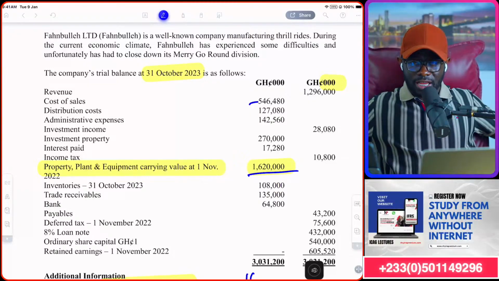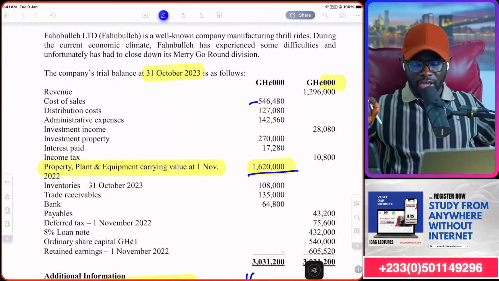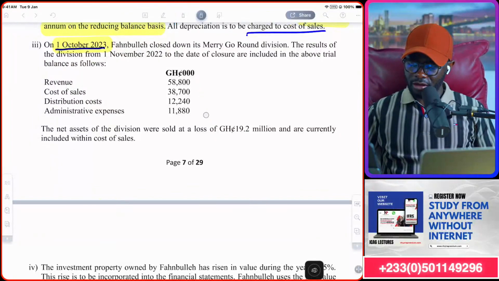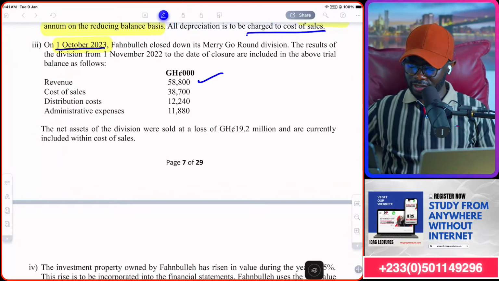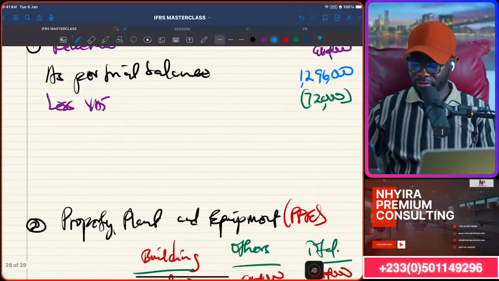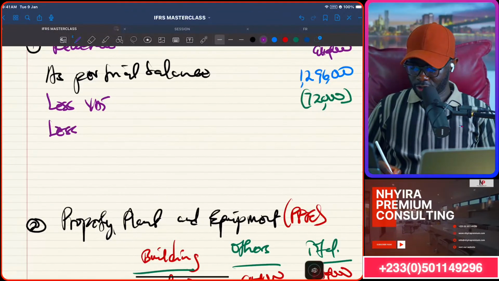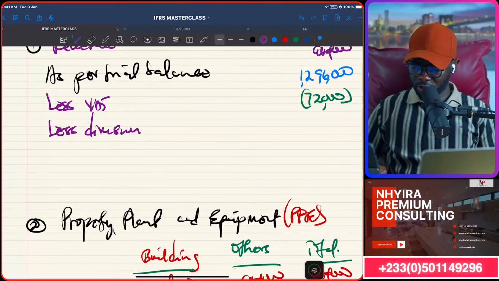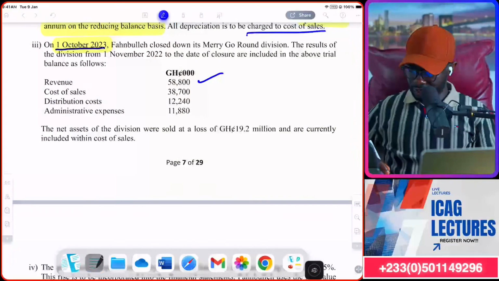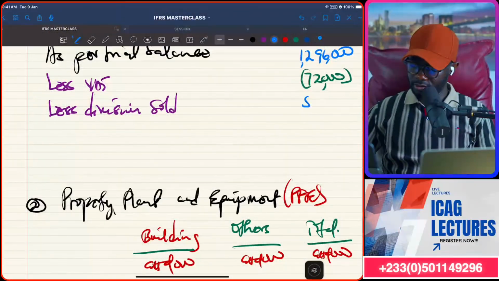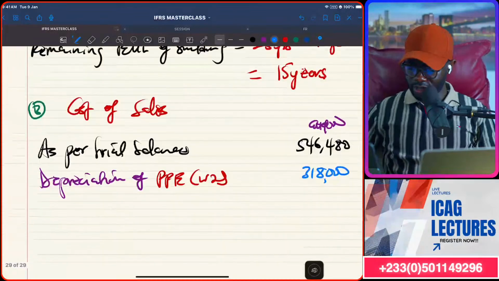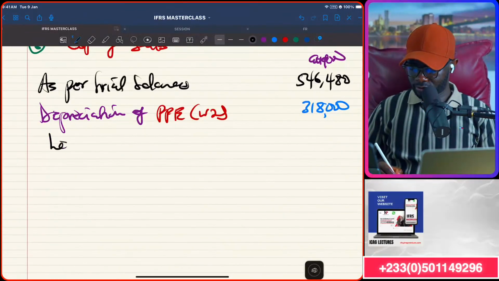And that will come as a line item on the face of the financial statement. So let's go. The revenue from there is 58,800. We'll subtract that from the revenue. So we less division sold, 58,800. We take it out. We do the same thing for cost of sales.